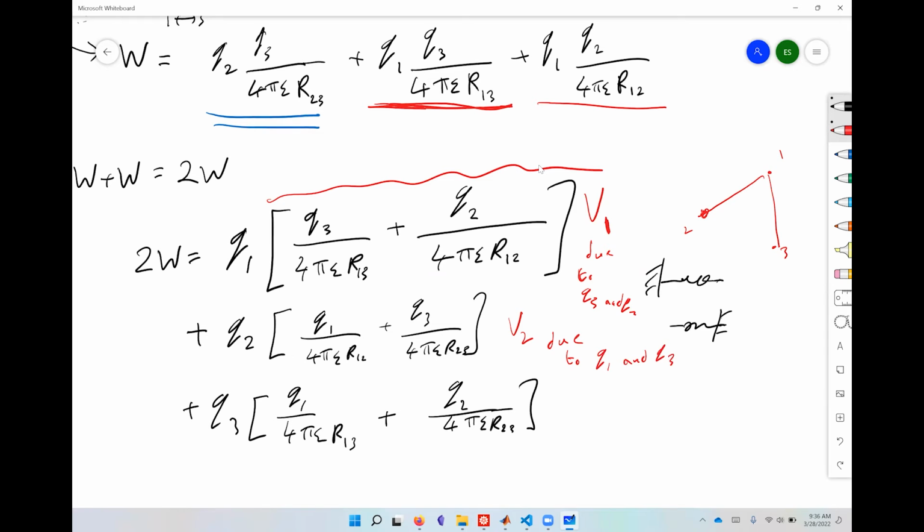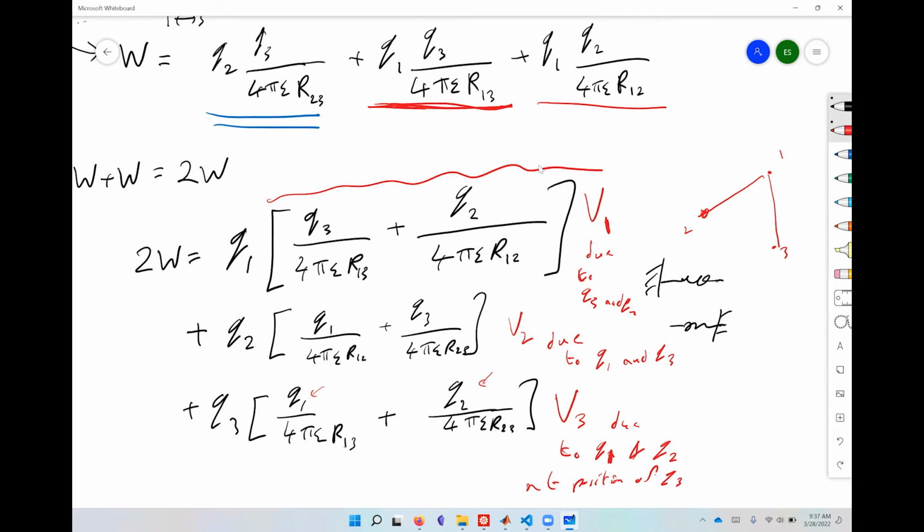And here we see the distance from charge 1 to charge 3 and from charge 2 to charge 3. Then I have Q1 and Q2. This is clearly the voltage due to Q1 and Q2 at the position of Q3.